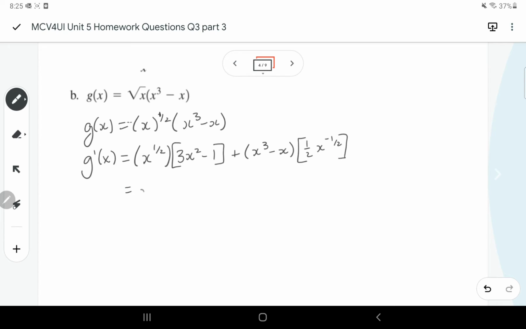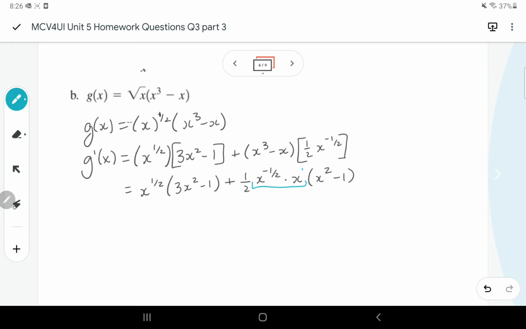Now cleaning this all up, I get x to the 1/2, 3x squared minus 1. Here's where I'm going to factor out an x from this. And then I've got 1/2 x to the negative 1/2 times the x that I'm factoring out. And I get x squared minus 1.